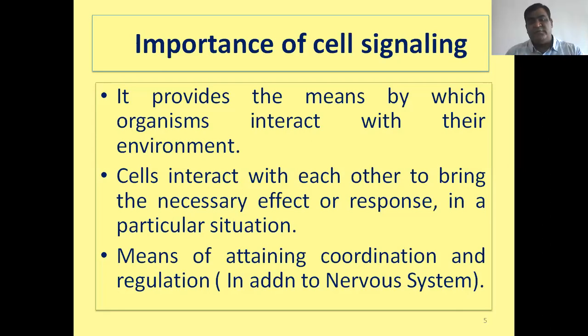It's a means of attaining coordination and regulation. In addition to the nervous system, this is one of the finest means of attaining coordination among the various cells of the body and to regulate various cytological and physiological processes. Cell signaling is very much mandatory.